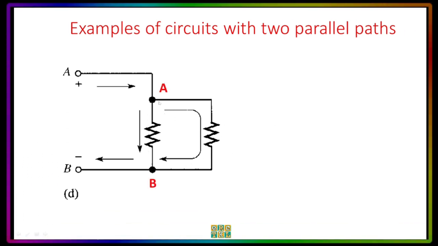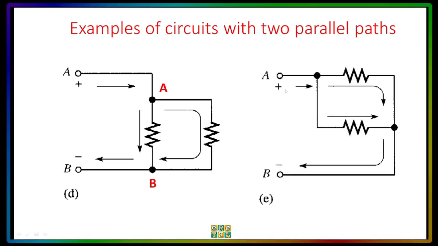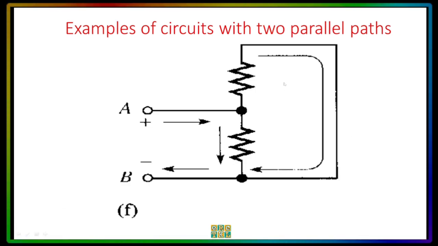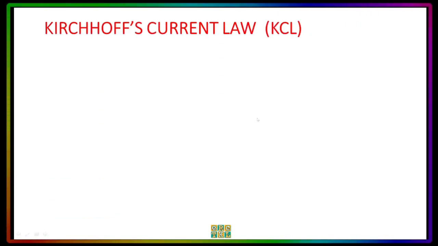So on node A, the current will be divided. Same thing here. In node A, the current will be divided and it will come back together at node B. So it's still parallel. And with this circuit, the current will go to node A, go up, and then go down to node B. So this is still a parallel circuit.